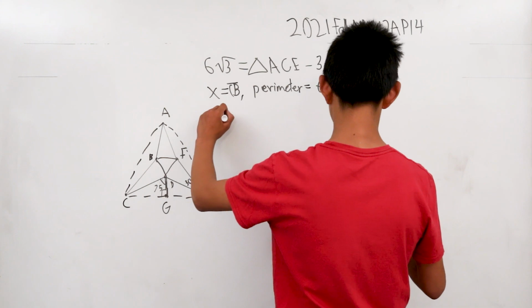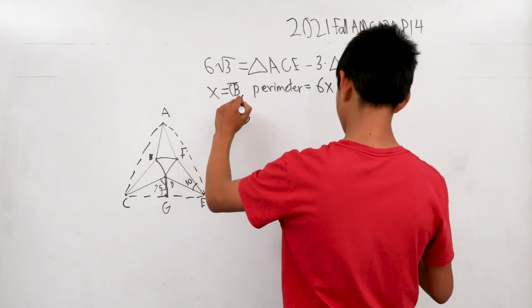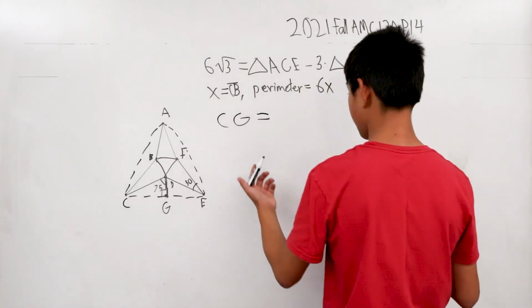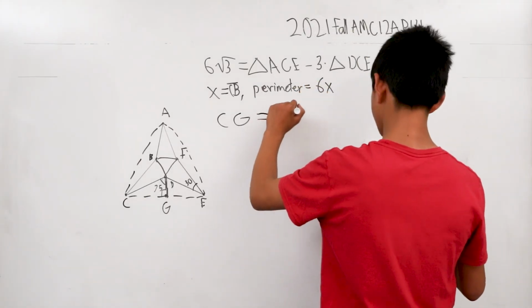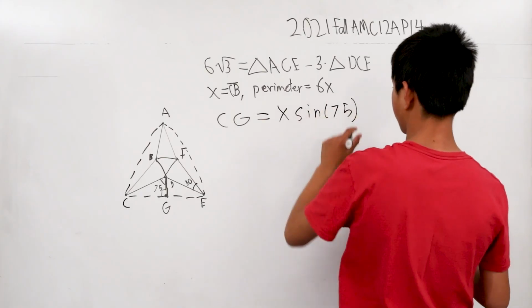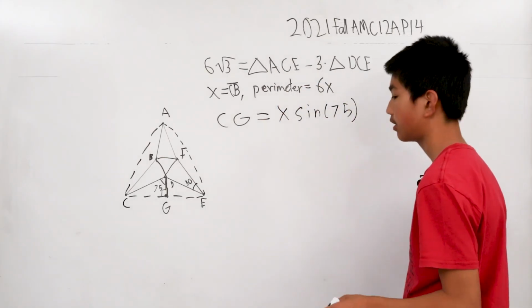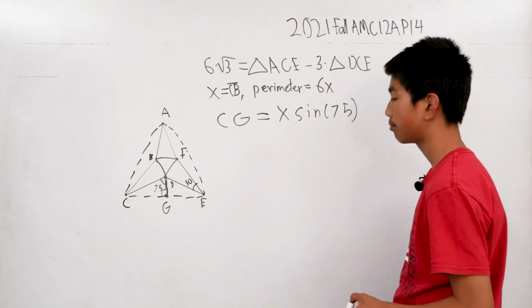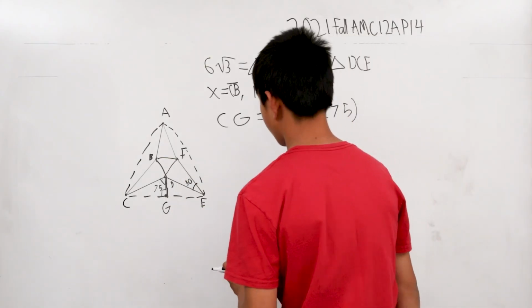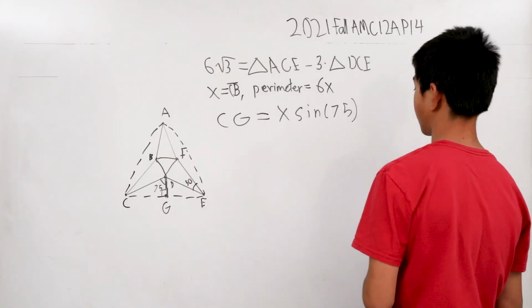So we can set up an equation. So CG, that length, is equal to x sine of 75, by using SOHCAHTOA definitions, where that is simply the opposite side divided by the hypotenuse is equal to that side.